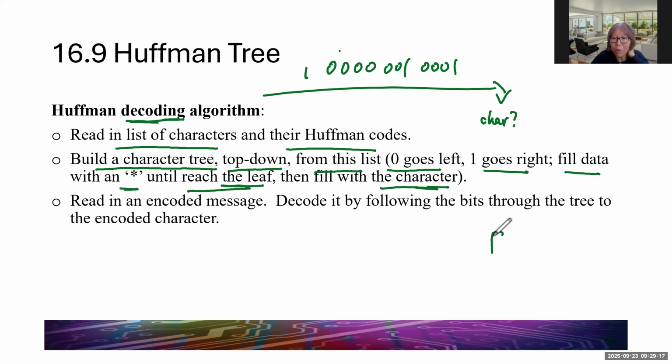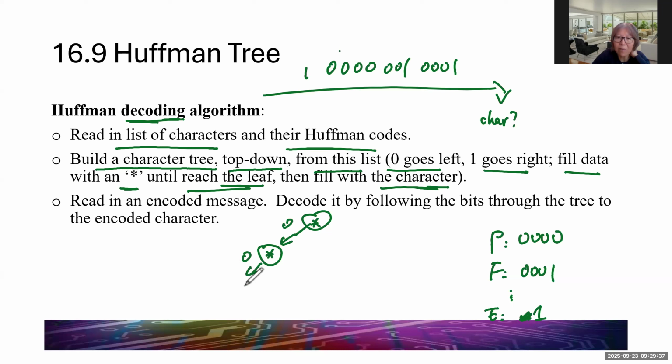If you recall previously, P is 0, 0, 0, 0, F is 0, 0, 0, 1, and E is 1. So you go with star and follow 0, then star, then 0, then star.